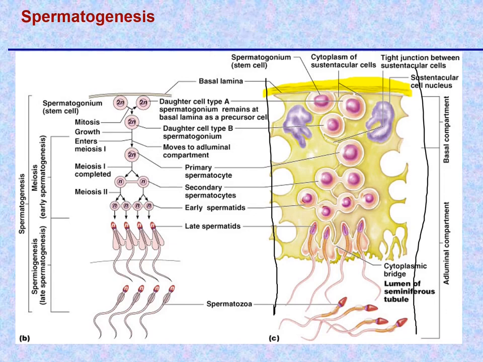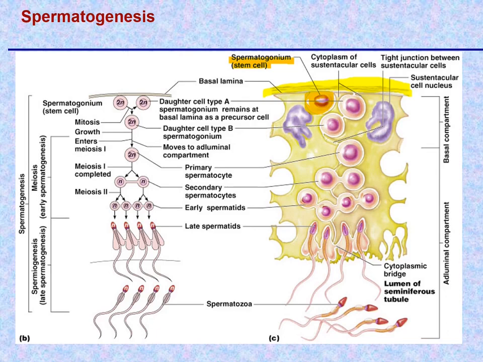What's shown here is that the cells found at the outer perimeter, this is the stem cell, and there are stem cells all along the outer edge. They're called spermatogonium, and they are the cells that will produce sperm cells within the seminiferous tubule.